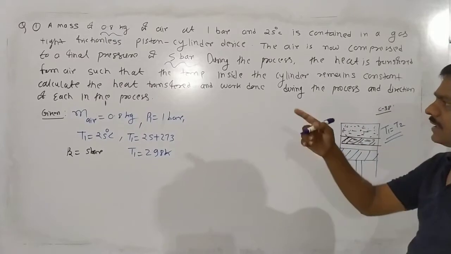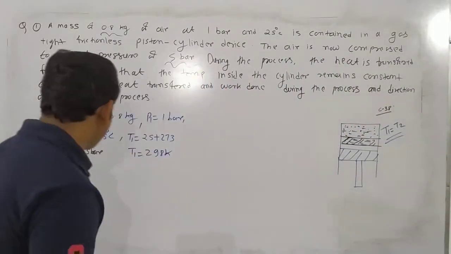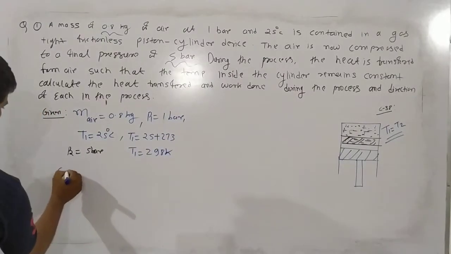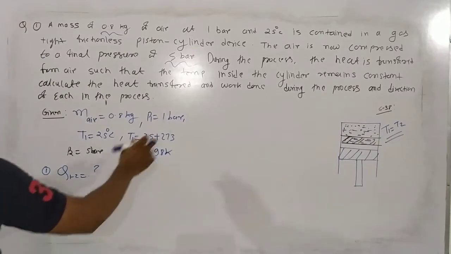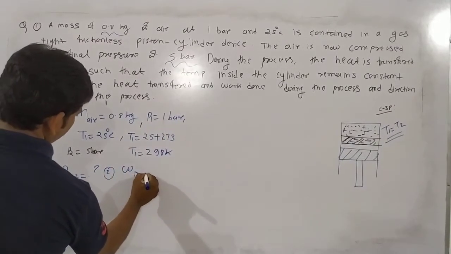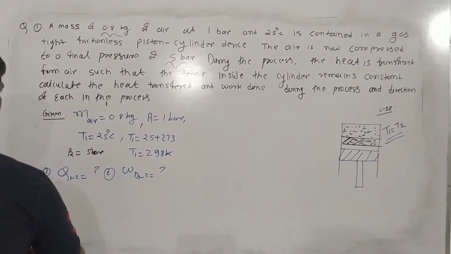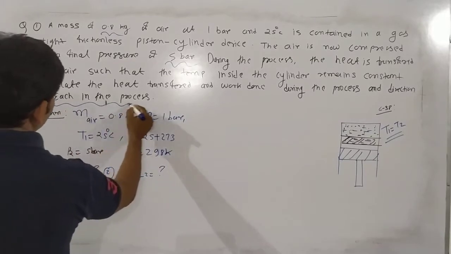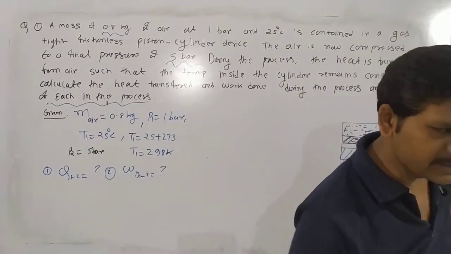Calculate the heat transfer Q1-2 first. Second is the work done during the process, and the direction of each in the process: compression or expansion.